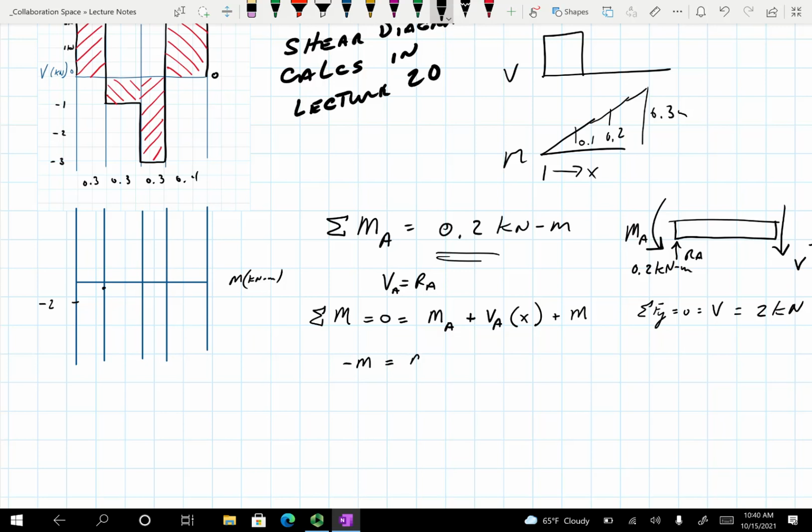I got MA plus the VA times X at some distance. Everybody good so far? All right. Now, that becomes a positive, that becomes a negative, and just for sake of keeping the diagram straight, that becomes a negative. Okay?